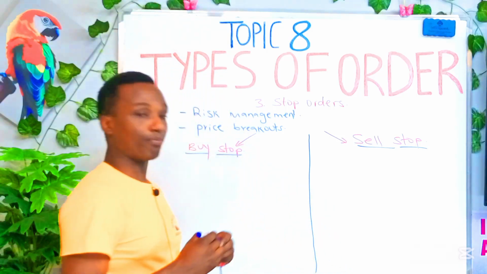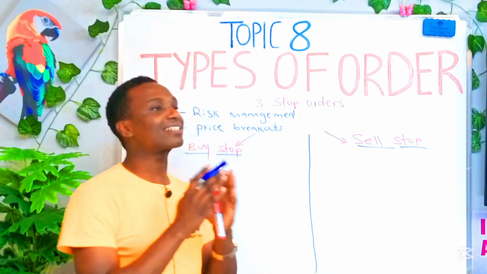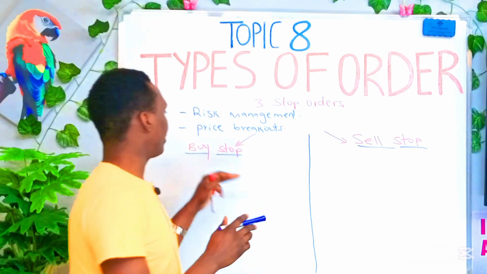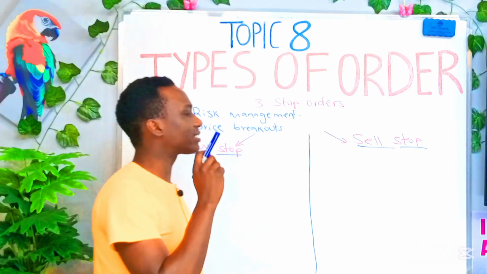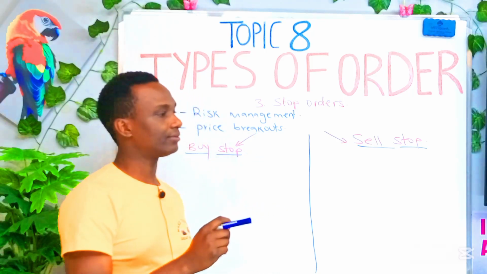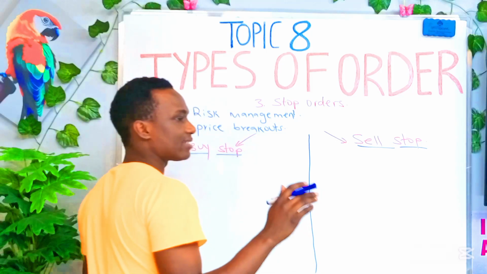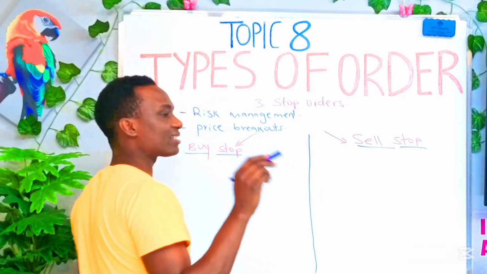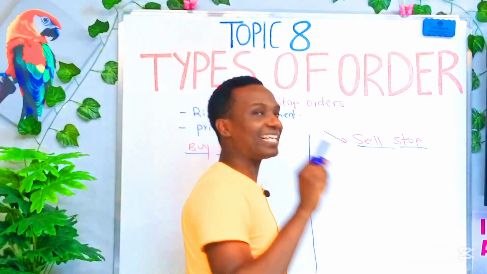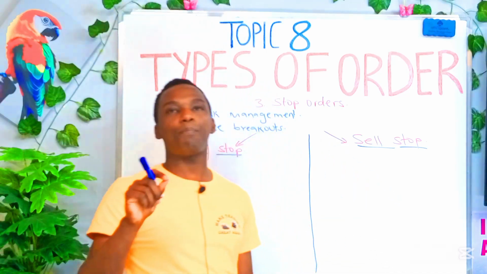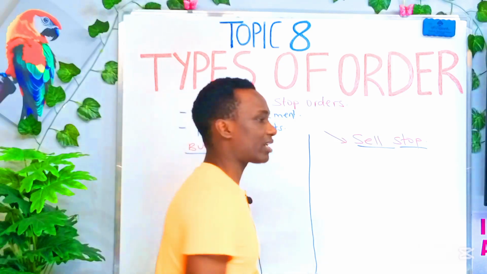So what is a buy stop? A buy stop consists of orders that set a price above the current market price. The orders trigger when the price increases to the stop price or higher. So what am I saying?